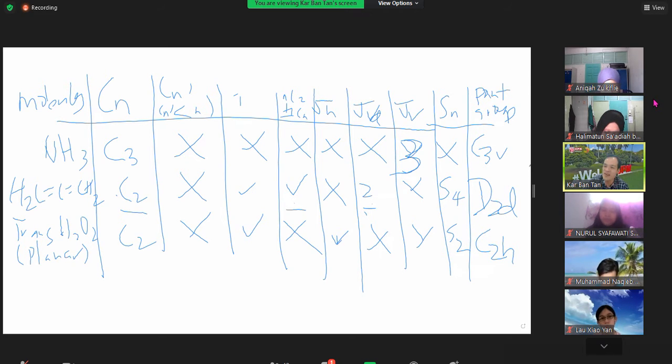You have C2, but you could also have S4. The point group is S4. I emphasize that in most circumstances, your improper rotation doesn't really affect your naming, but it is not 100% sure. It's not absolute, except for the special one we have seen, 1,3,5,7-tetrafluorooctatetraene, where the point group is S4.